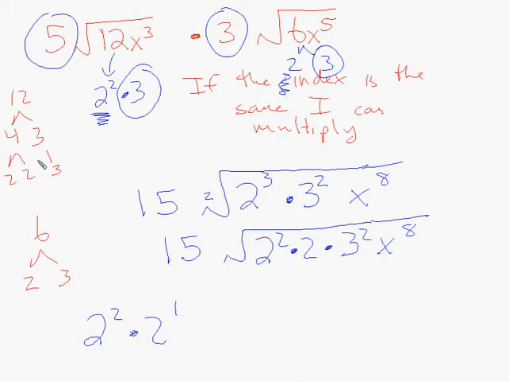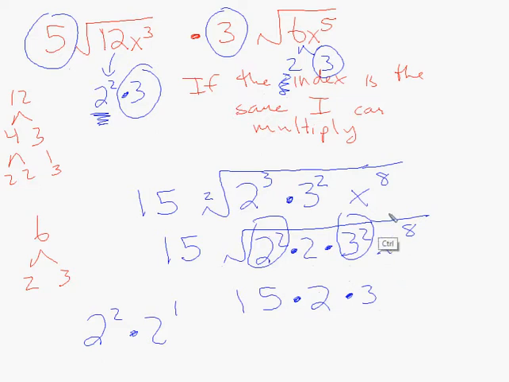Alright, what's the square root of 2 squared? 2. So I'll have 15 times 2 on the outside. What else can I take the square root of? 3 squared. What's the square root of 3 squared? 3. So I have a 3 on the outside.